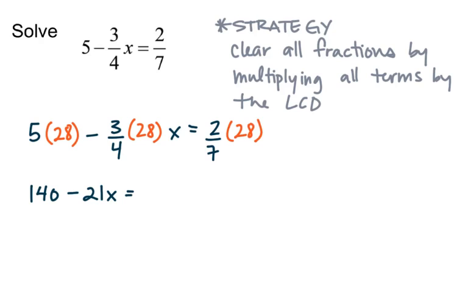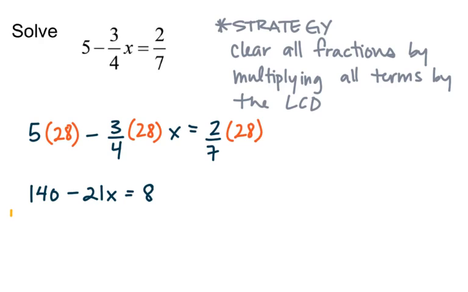And that's equal to, 7 goes into 28 4 times, 4 times 2 is 8. So this strategy, multiplying each of my terms by the LCD, gets rid of those fractions, and now it's very easy for us to solve using our additive and multiplicative properties of equality.